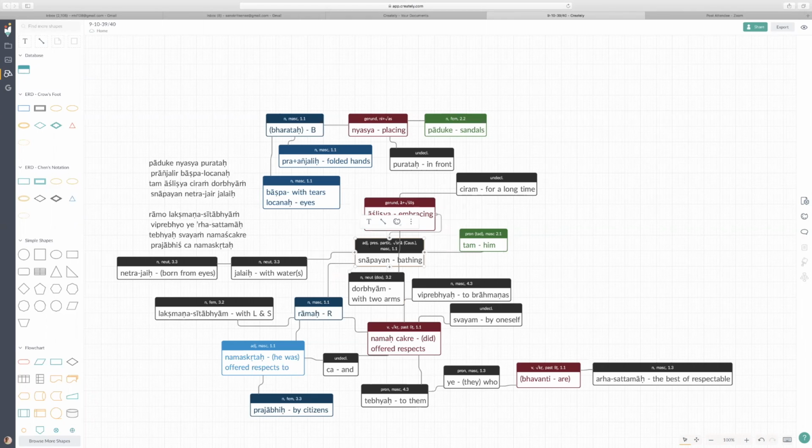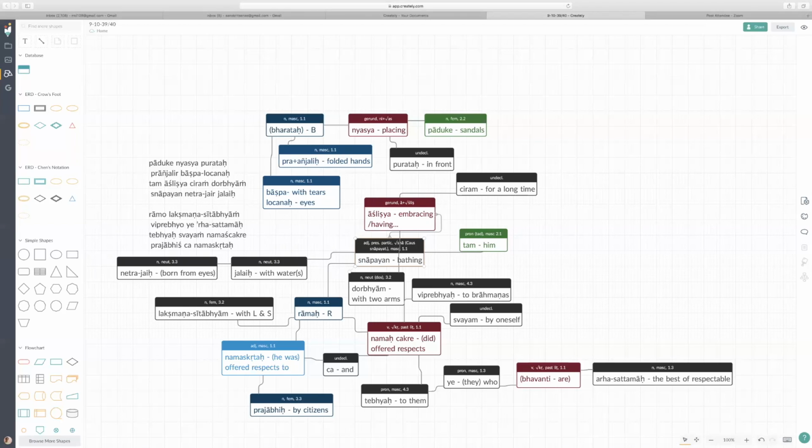Okay, so even though it's an adjective, it sounds almost like a gerund, but it's an adjective because you can see there is a masculine ending. Snapayan. The original word is snapayat. So let's write it. Snapayat.